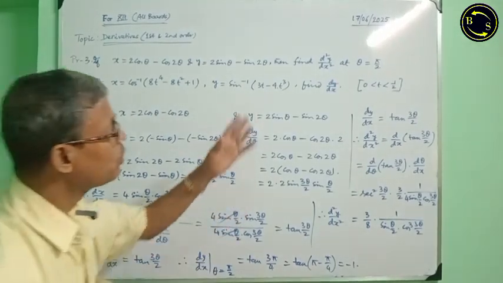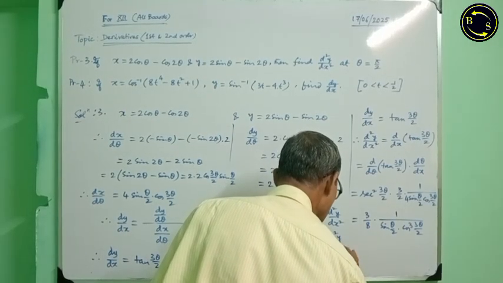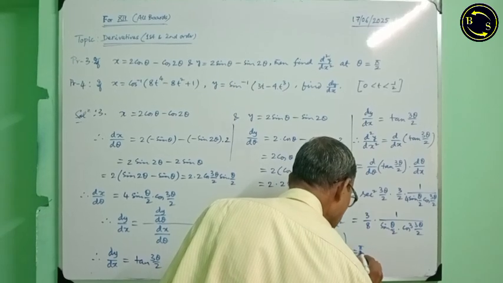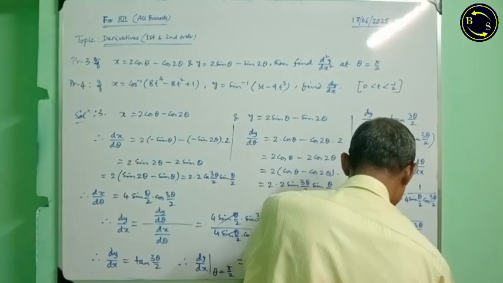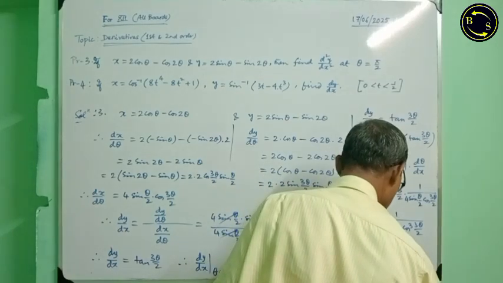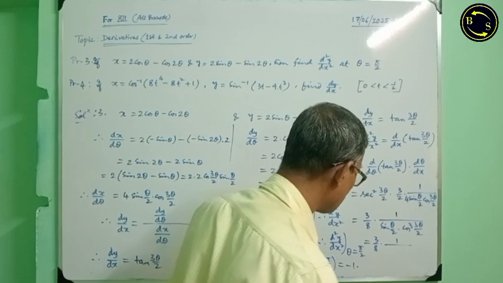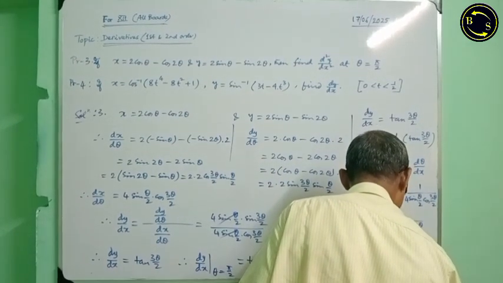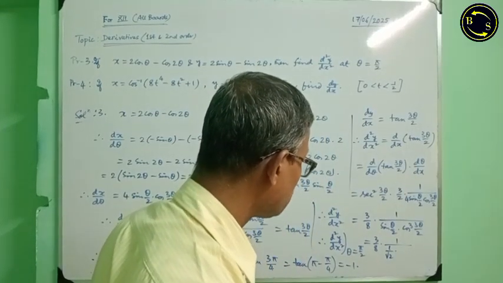Therefore d2y dx2 at theta equal to pi by 2 is equal to 3 by 8 into 1 by sin pi by 4, which means 1 by root 2, into cos cube 3 theta by 2.